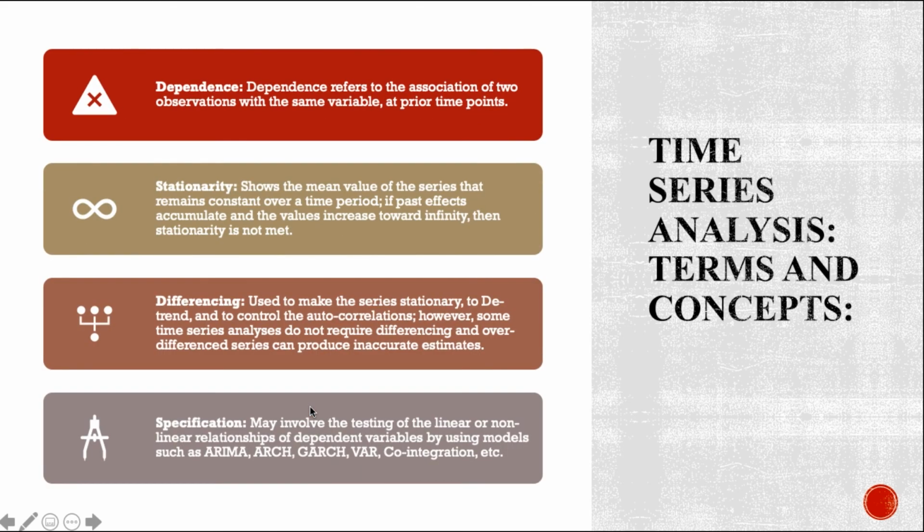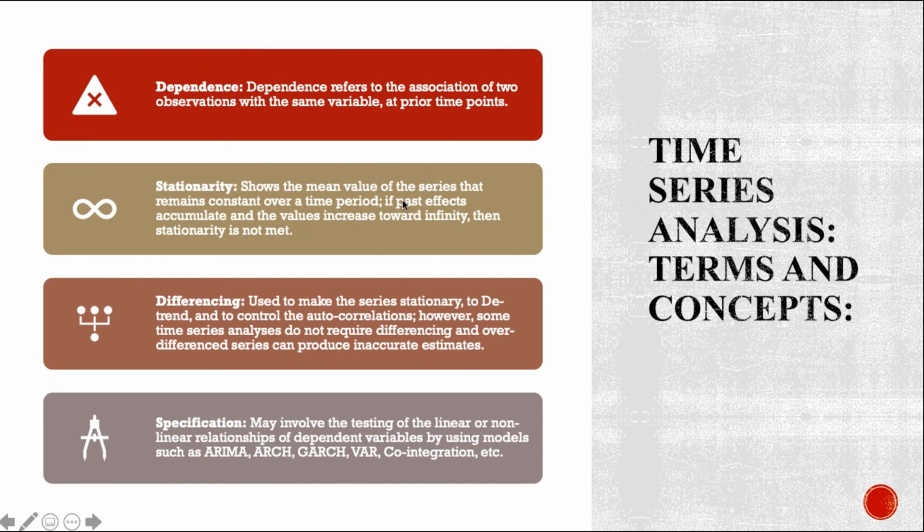In time series, the first thing we have to consider is dependence. Dependence refers to the association of two observations of the same variable at a prior time point. The most important thing is to see whether the time series is stationary or not. It must be stationary in order to do co-integration. Stationary means the mean value of the series remains constant over time.